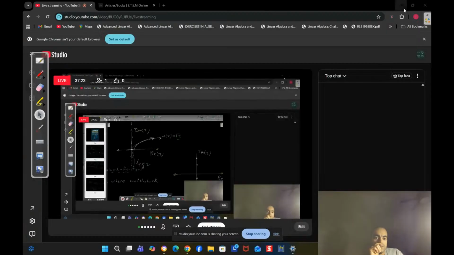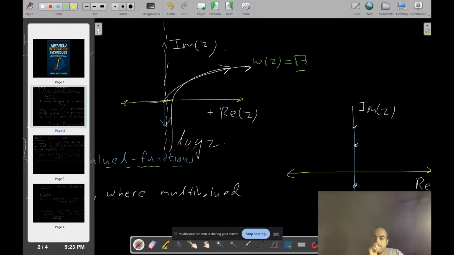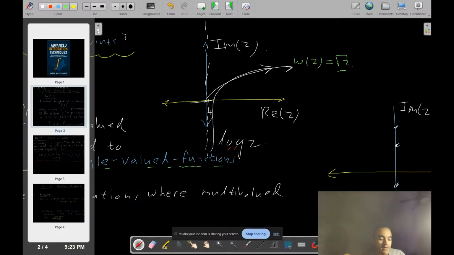Anyone know? Well, for root z, under the square root, z has to be equal to 0. So there's a branch point right here. Let me locate it. Here is the branch point for root z.